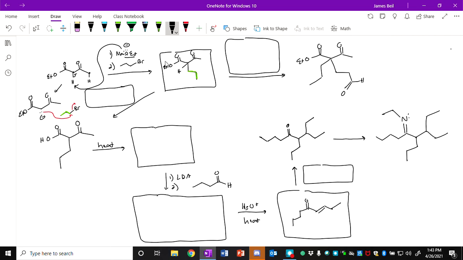I still have the ester over here, the acetate group here, the 3 carbons of the propyl group are right here. I just need to replace this hydrogen with this group. So to do that, I'm going to again use a base to remove the hydrogen. I should pick off that proton.